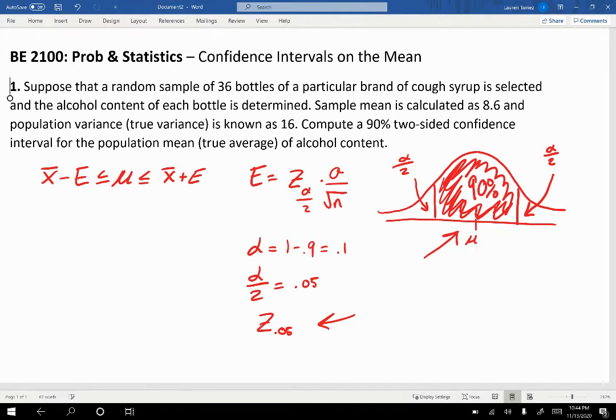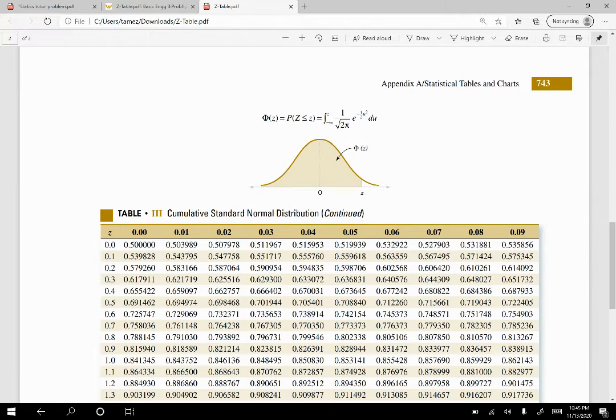So what this means is this shaded in area is 0.05. So we need to find this on our z table. So I go to my z table that I have here, and you can see that this isn't the area that's shaded in.